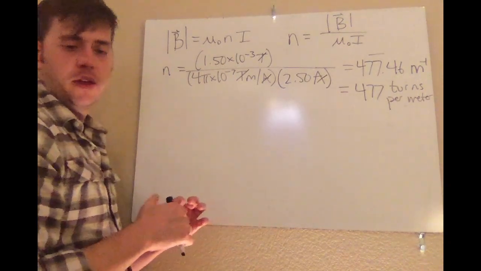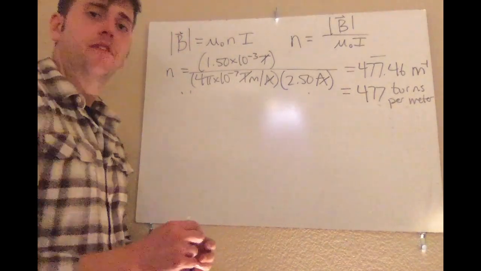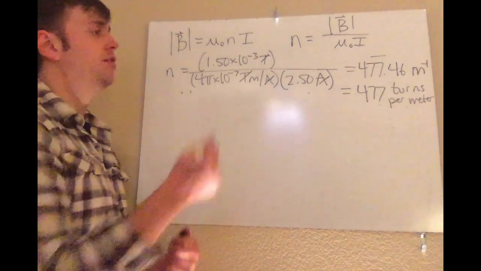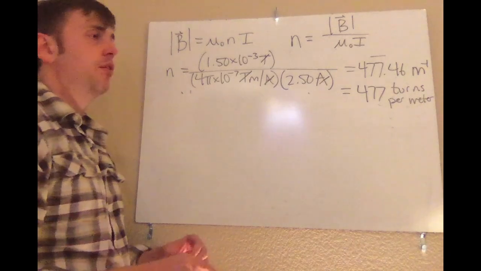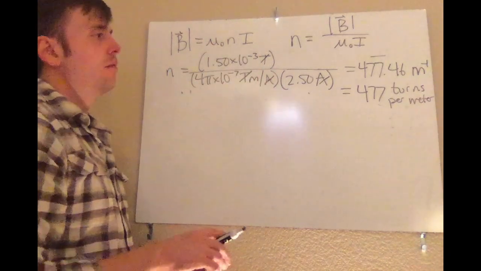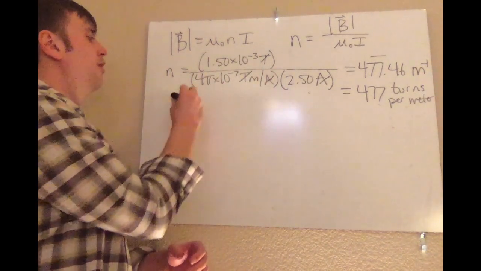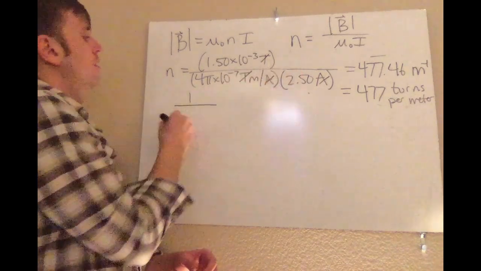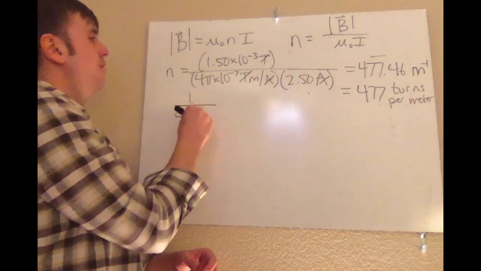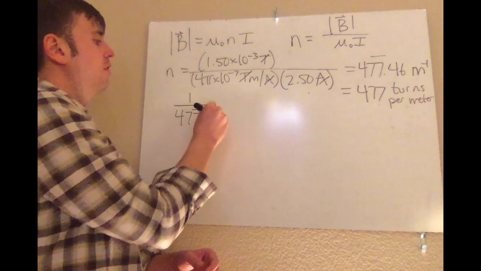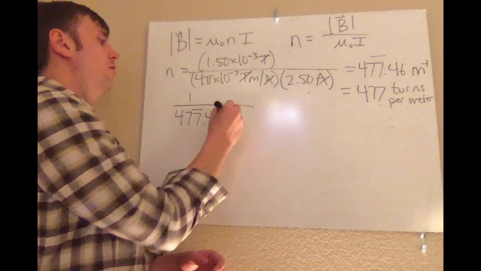Okay, so that's how many times we have to wrap this thing around the solenoid per meter to get this to work. And so to get the second part of this, what I want you to think about is take that answer we just found, and what if we invert it? Okay, so what if I took 1 over 477.46, and again, that's turns per meter.